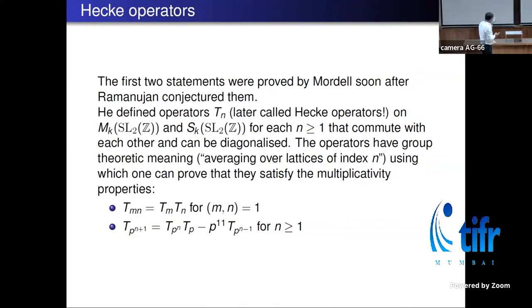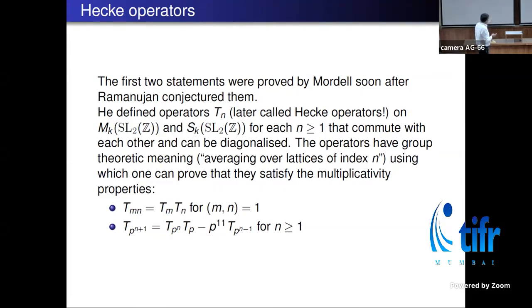Now these operators have some meaning because these spaces of modular forms can be thought of as functions on lattices and so on. So you can look at some averaging function. So these Hecke operators, T sub n, have some meaning, and using this meaning, one can somehow prove for these operators the properties Ramanujan had conjectured for his tau function.